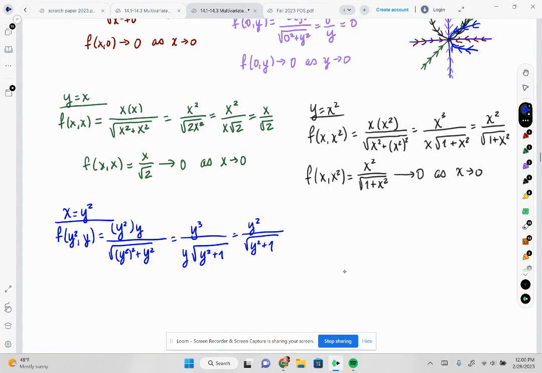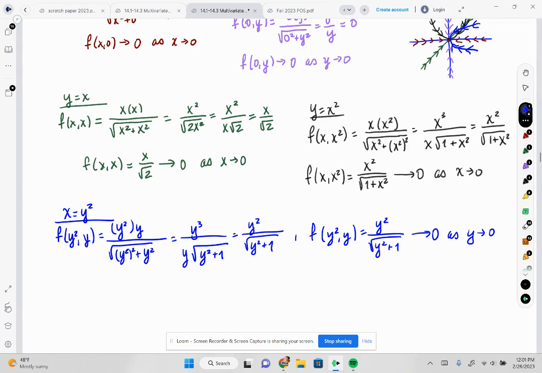Now, in this particular one, if I look at f of y squared, y, as y squared over the square root of y squared plus 1, and I go ahead and let y go to 0, I'm going to get a 0 in the numerator, and that 0 over anything is 0, so this goes to 0 as y goes to 0.